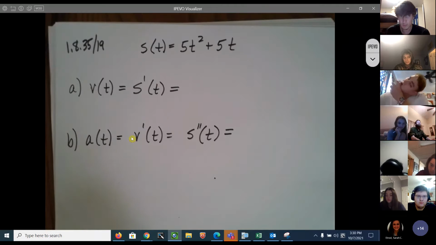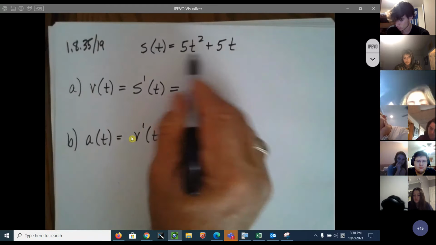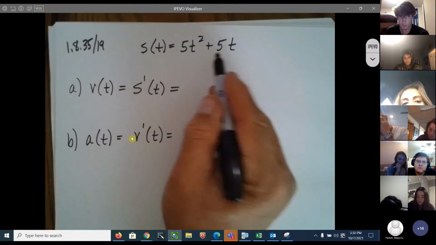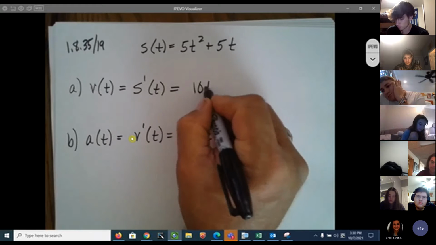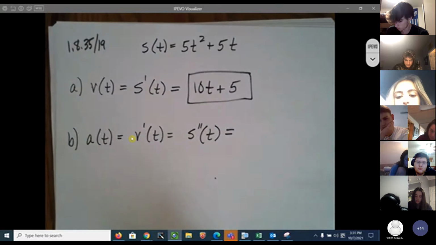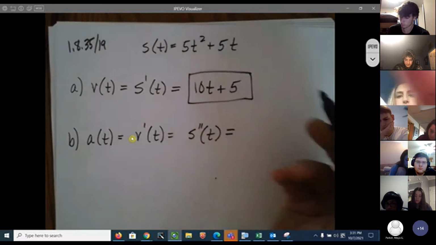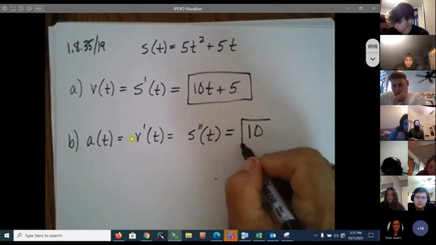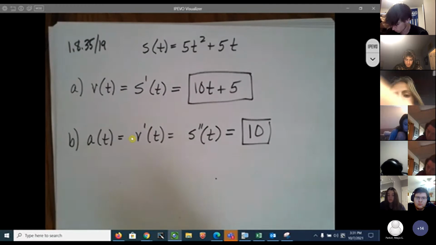Excuse me. So the derivative of this function is 10t plus 5. And the derivative of that function is what? 10.